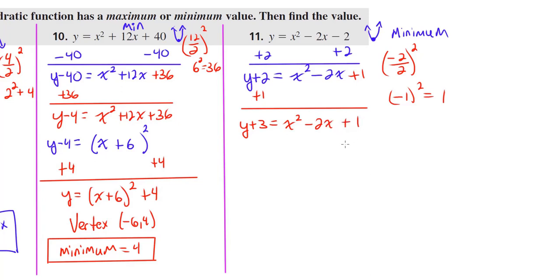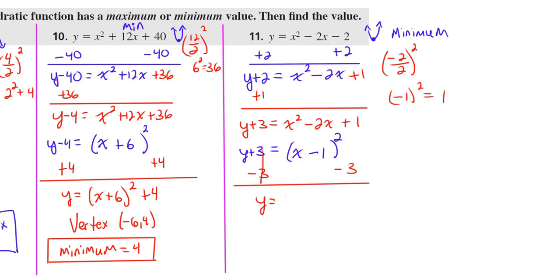And now we could factor the right side. So this is going to be an a minus b. So x squared comes from x. And where did 1 come from? Negative 1. So x minus 1 squared. And we need to move this 3 back over. So we're going to subtract 3 from both sides.